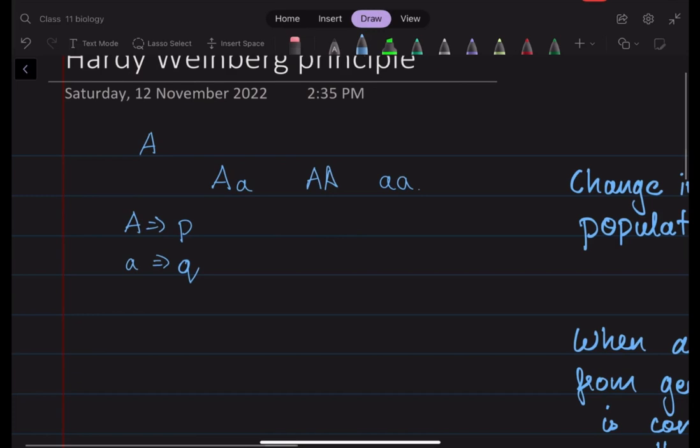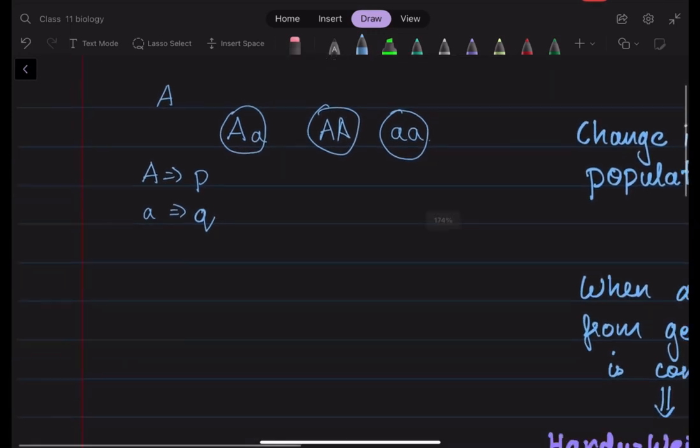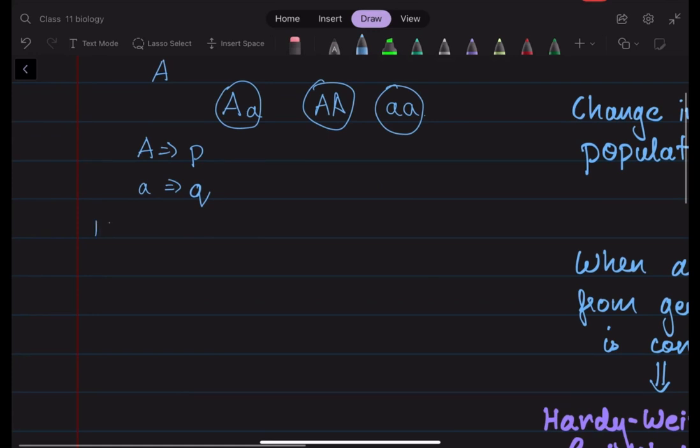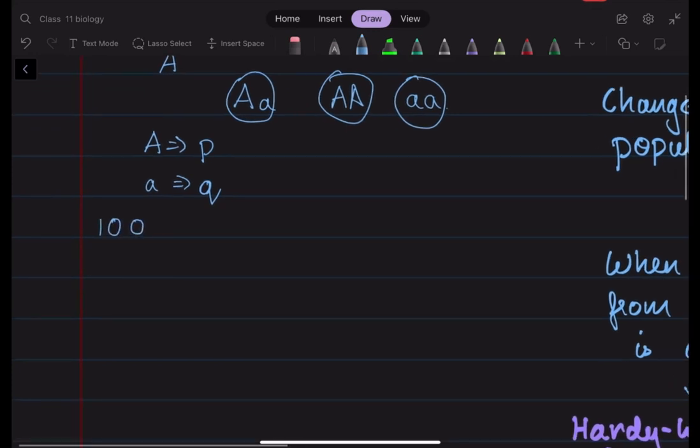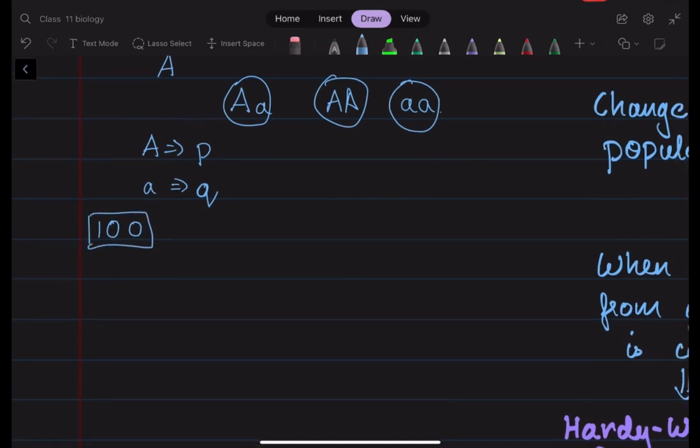And in this principle, we will be able to find out the frequency of these three different genotypes in a particular population. Let us say there are 100 members in a population. So keep this number in mind, okay?